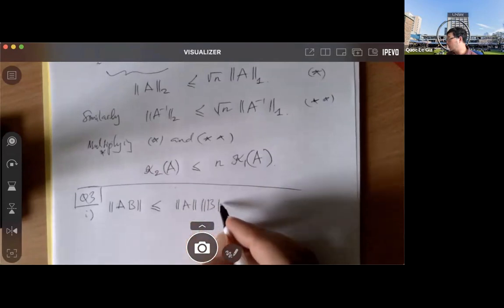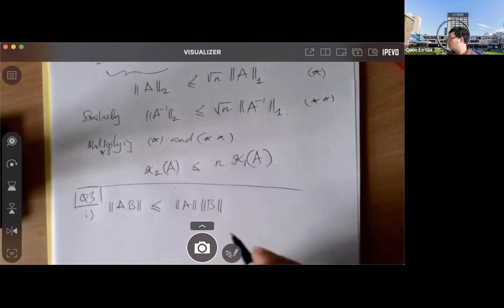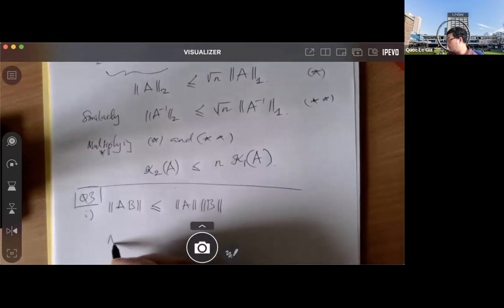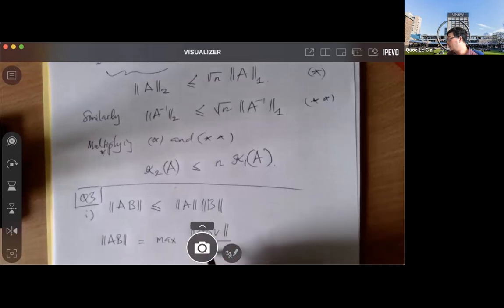So how do we prove that? By definition, the norm of AB is the max of the norm of ABV over the norm of V, for any non-zero vectors V.